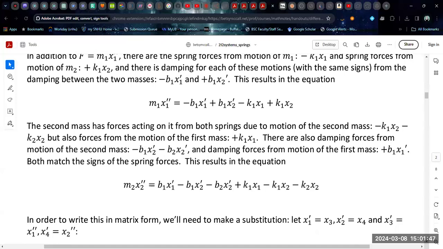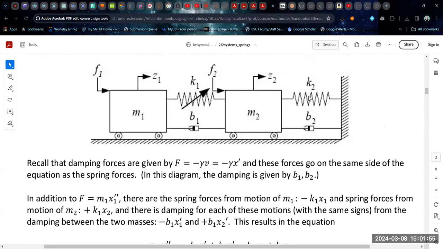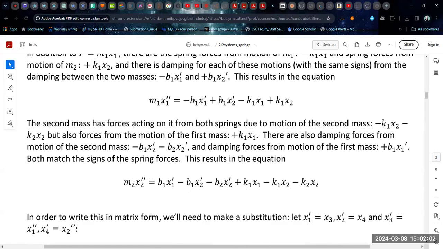Now, if we look at the second mass, we will get a similar relationship. If M2 moves, then we're going to get 2 springs acting because this mass does have 2 springs applied. So we're going to get interaction from both the motion of M2 because of the action of spring 1 and the action of spring 2.